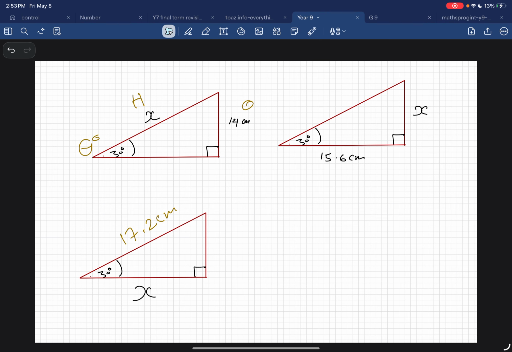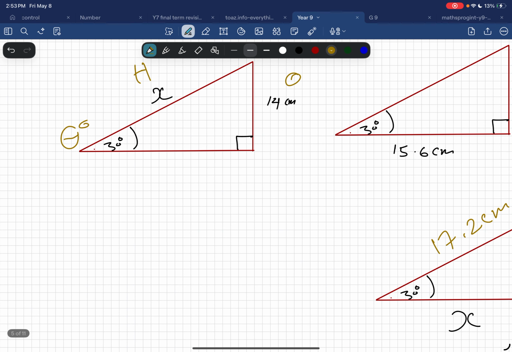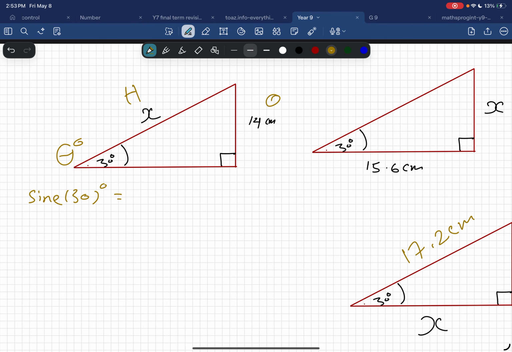So let's solve it here together. It is Soh, so it's sine 30, which you're going to do on your calculator, equals the opposite, which is given here as 14, over the hypotenuse, which is what we want, x, what we are trying to find.